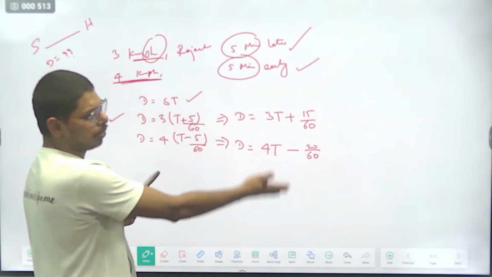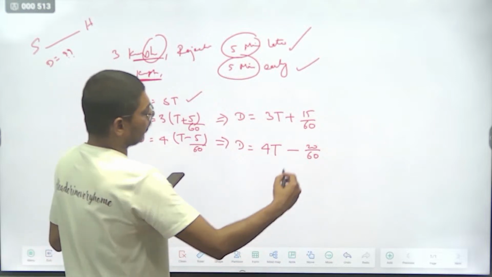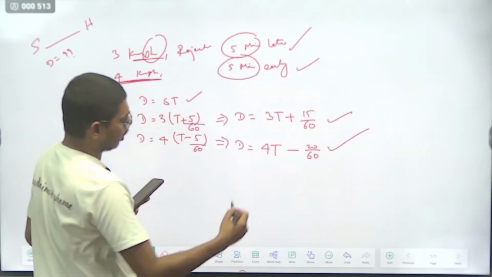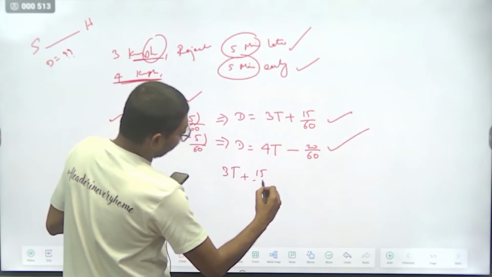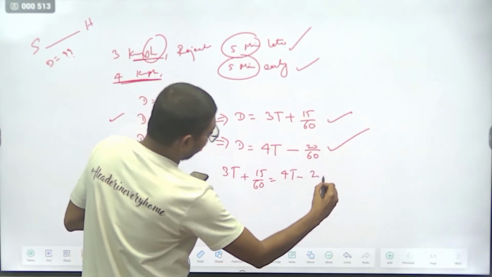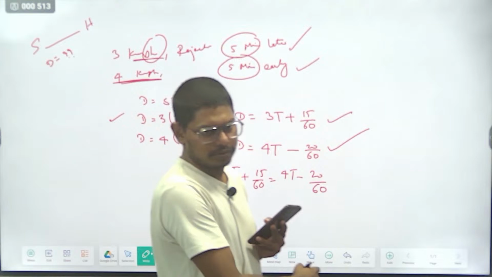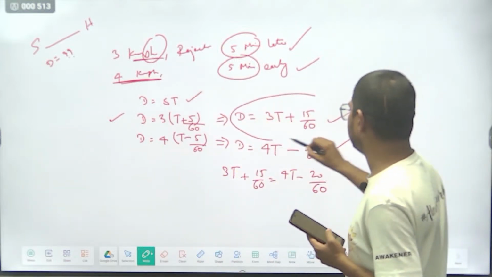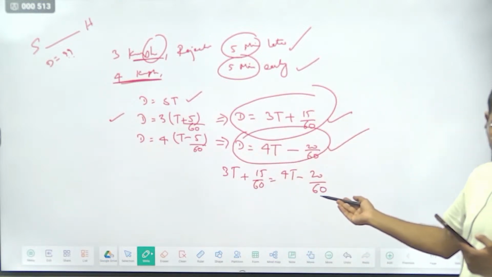It will be tempting to cut over here itself, but it doesn't matter. If these two D are equal, can we simply write 3T plus 15 by 60 is equal to 4T minus 20 by 60? Over here the value of D is this, and again the value of D is this. So we can write like this, isn't it?